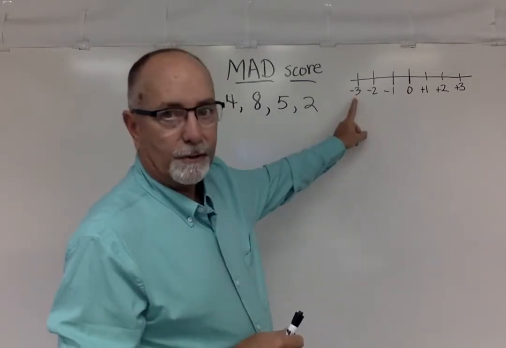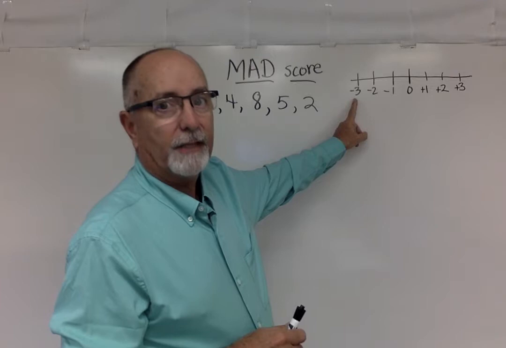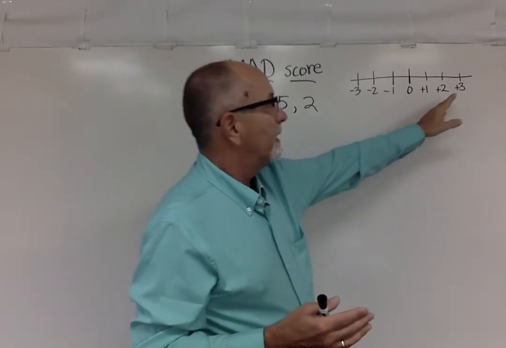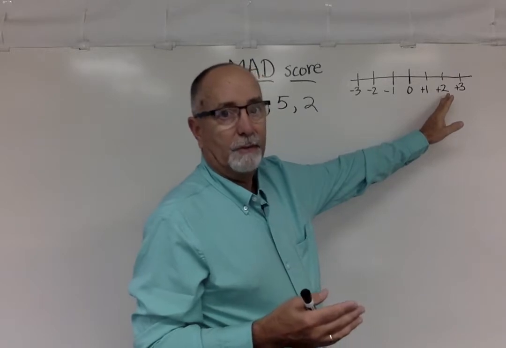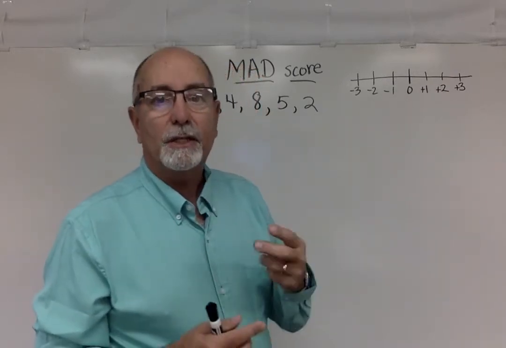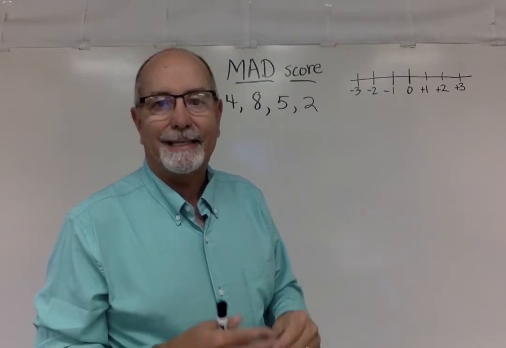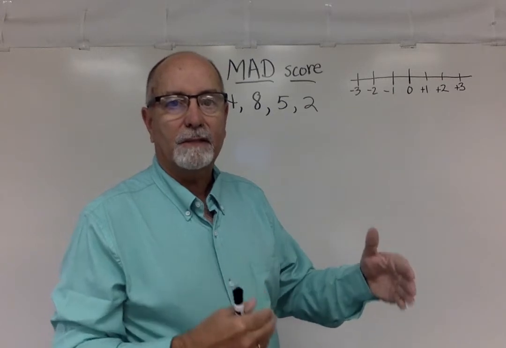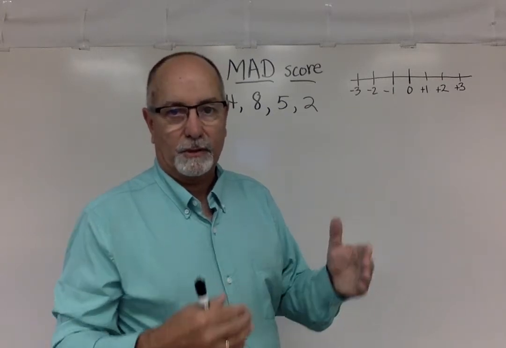So for -3, its absolute value is 3, because it's 3 from 0. And if I use positive 2, 2 is 2 from 0, so its absolute value is 2. So you never have a negative answer.